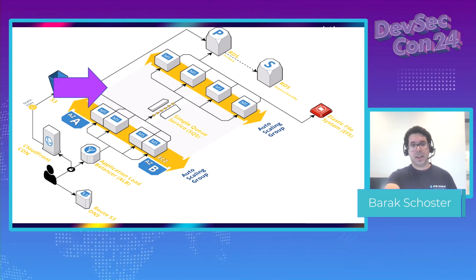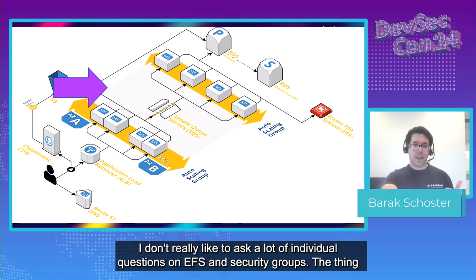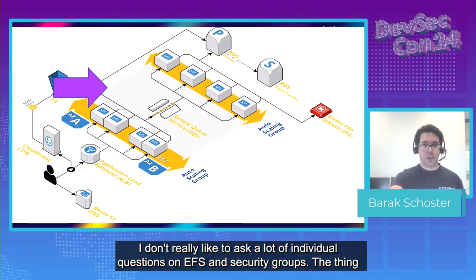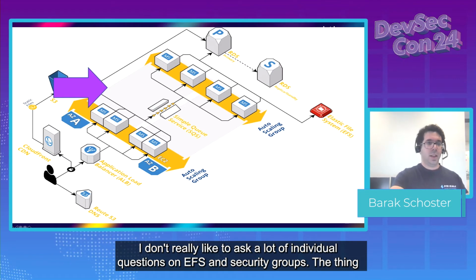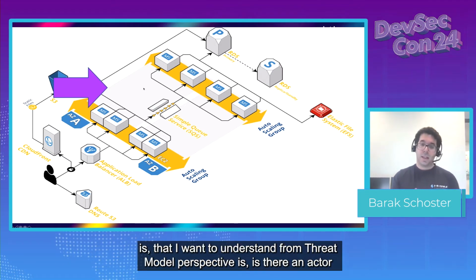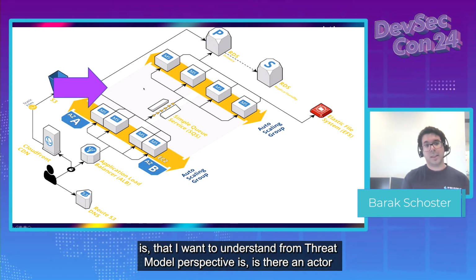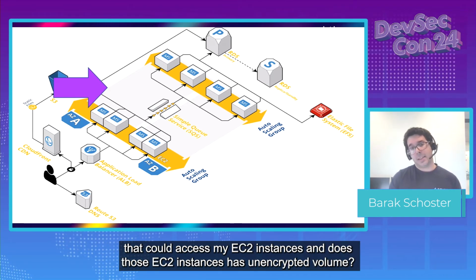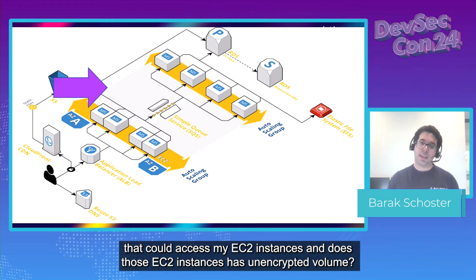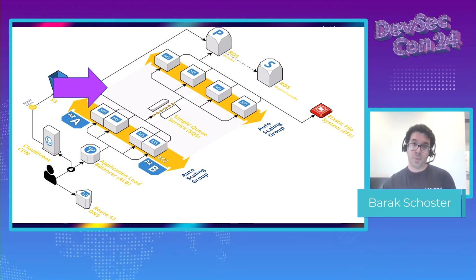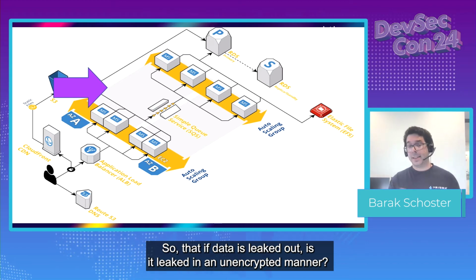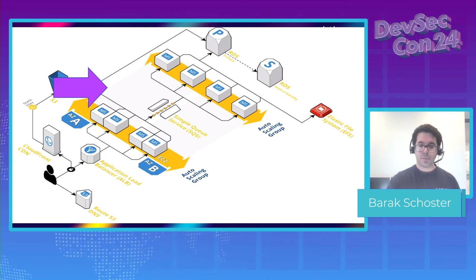But the thing is, I don't really like to ask a lot of individual questions on EFS and security groups. What I want to understand from a threat model perspective is, is there an actor that could access my EC2 instances, and do those EC2 instances have an unencrypted volume, so that if data is leaked out, is it leaked in an unencrypted manner?